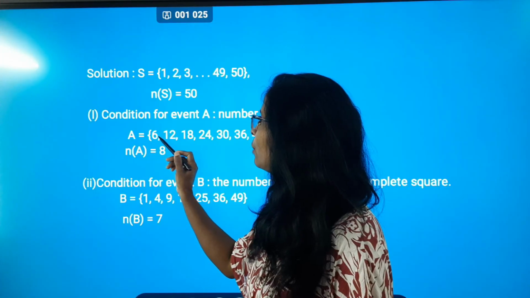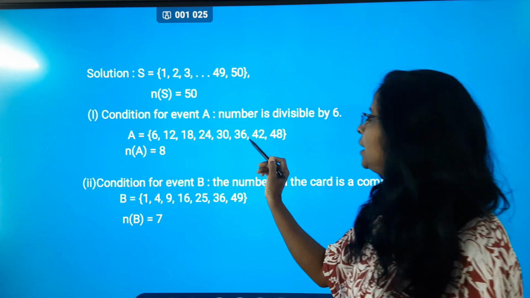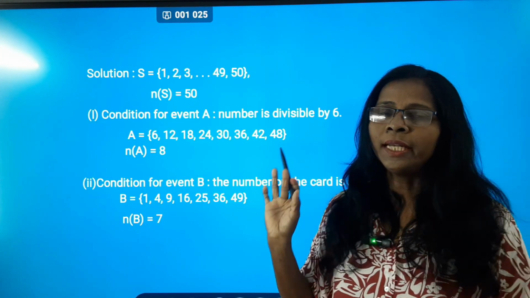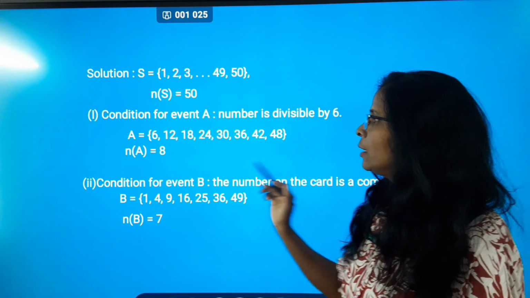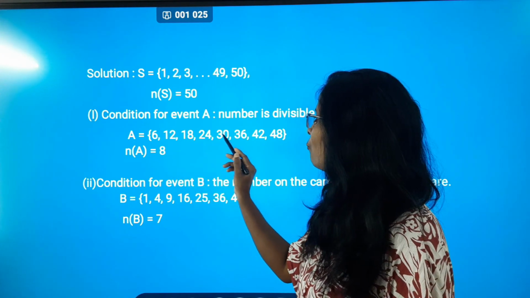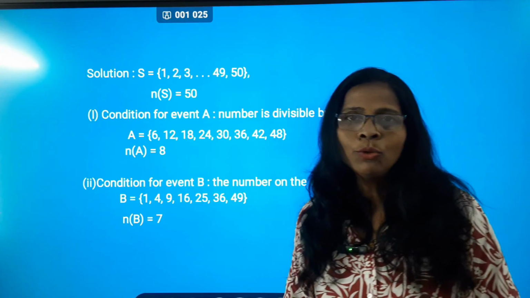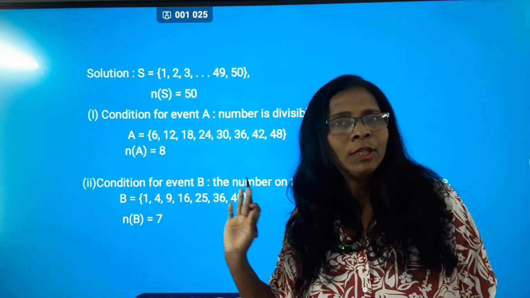So A is equal to {6, 12, 18, 24, 30, 36, 42, 48}. Up to 48 the numbers are divisible by 6. So n(A) is equal to 8. See, 1, 2, 3, 4, 5, 6, 7, 8. So the number of sample points of the event is 8.